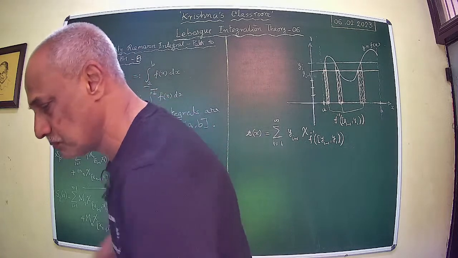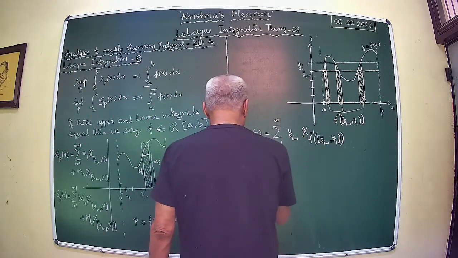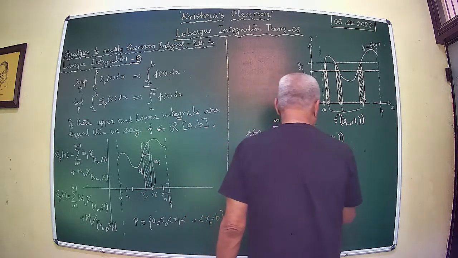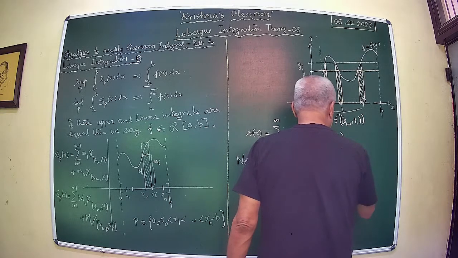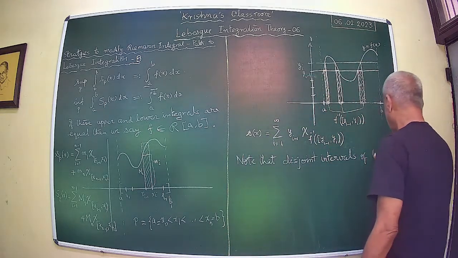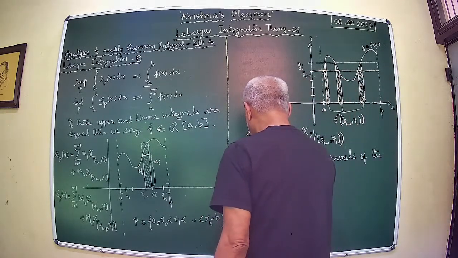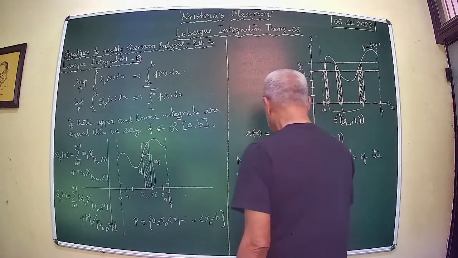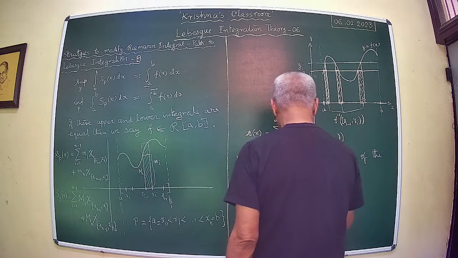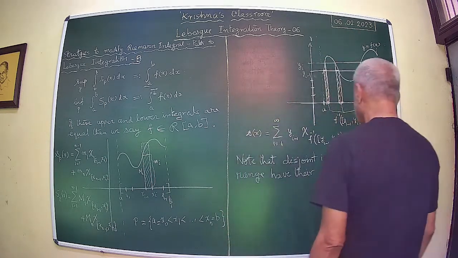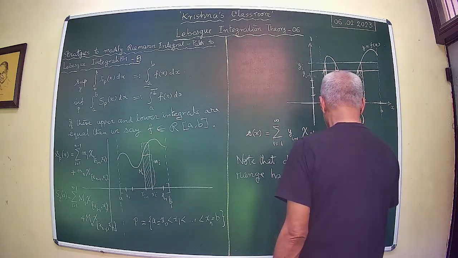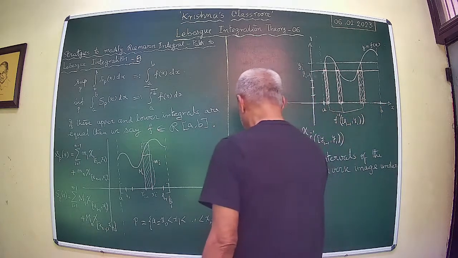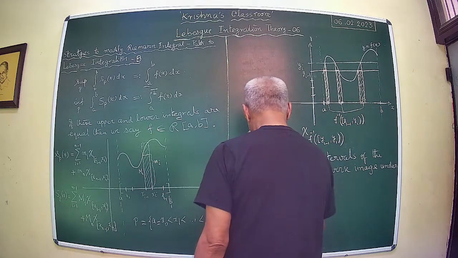So note that disjoint intervals of the range have disjoint inverse images under f. That's an observation.